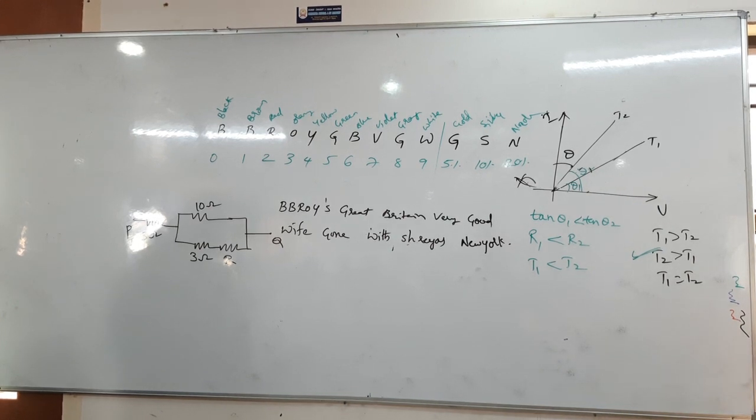So that the total resistance of the circuit between points P and Q is also equal to R. Find that.